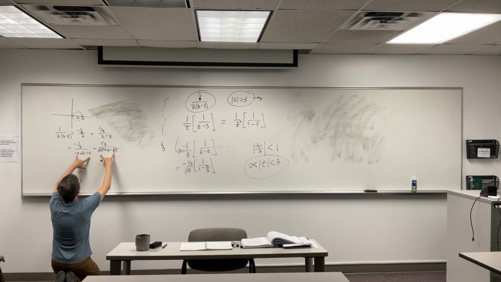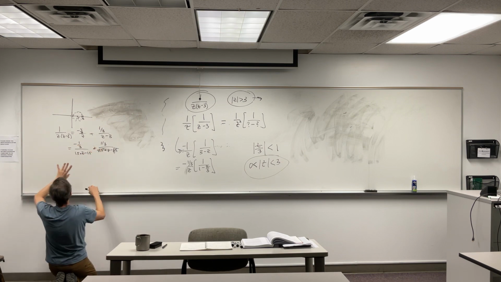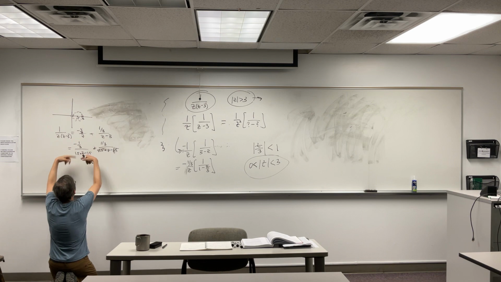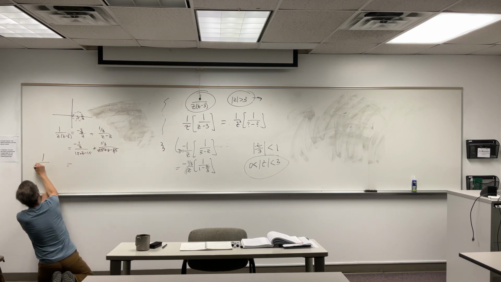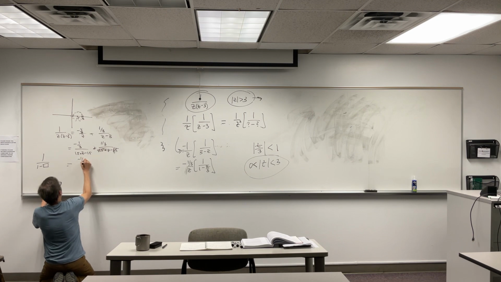This should actually be that. Okay, there we go. Does this make sense, Grace? Okay, so now I can get this into this form in both cases. This is going to be minus 1/3. I'm going to pull out the 1.5 here, and then I'm going to have 1 minus z minus 1.5 over 1.5.